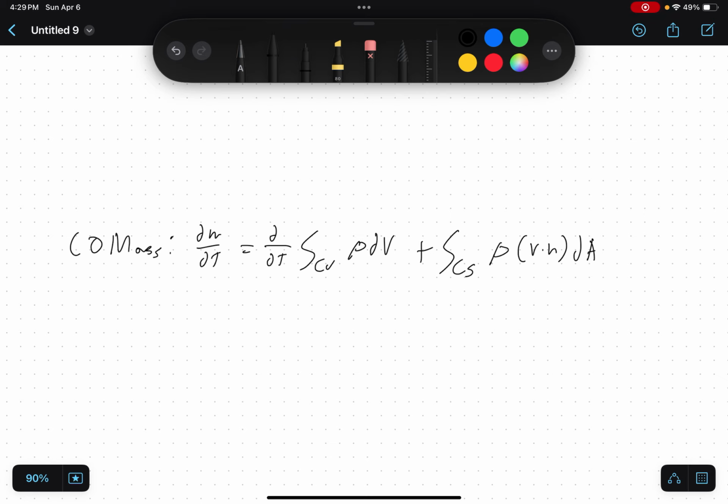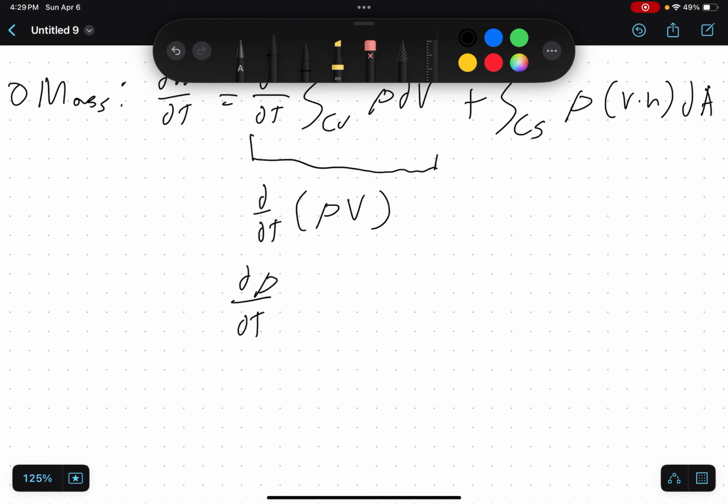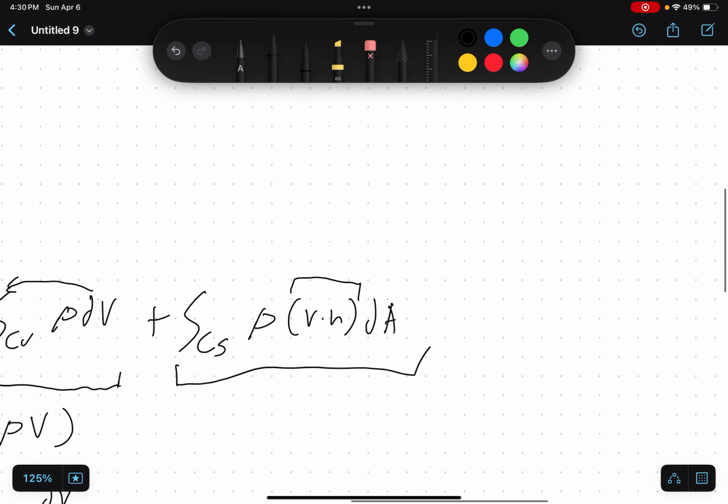So we get V d rho dt plus rho dV dt. I'll talk about what that means in a second, but that's a simplification. This term is basically just m dot. But what does this part mean?